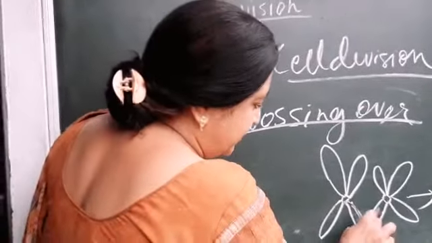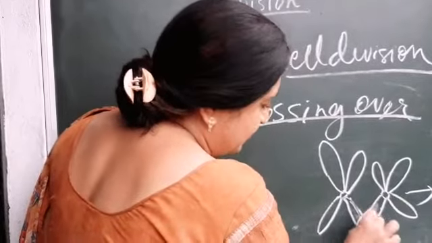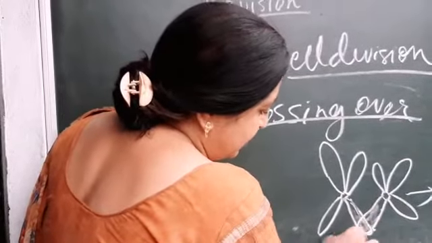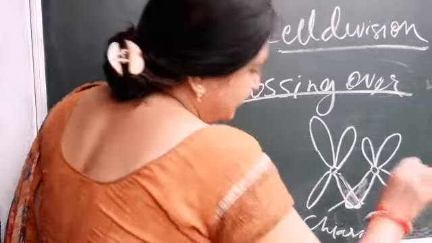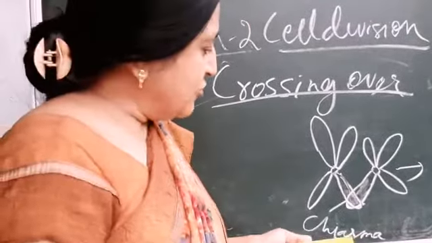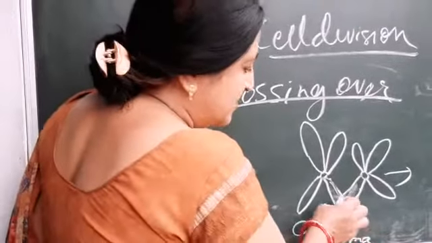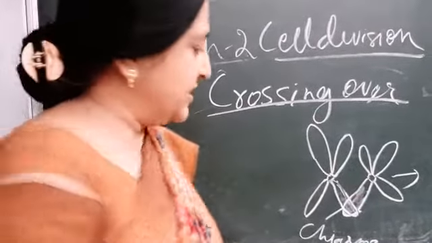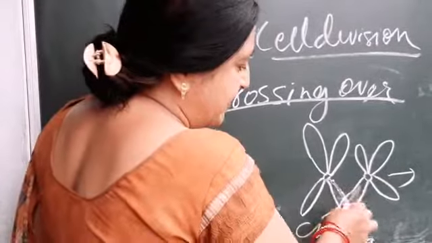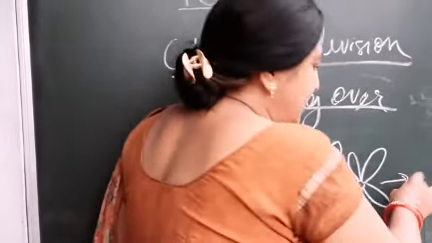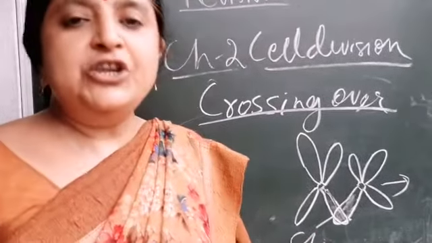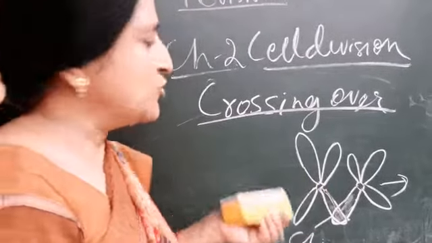The point where the chromosomes cross is called chiasma. Here recombination, the exchange of maternal and paternal material of the chromosome, takes place, and hence variations occur in the new generation. This is all about crossing over.